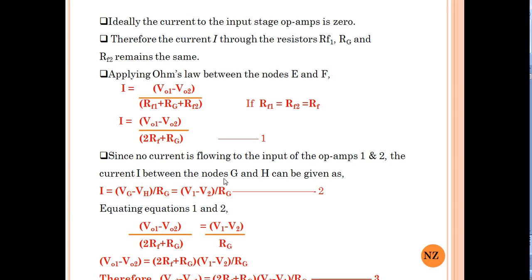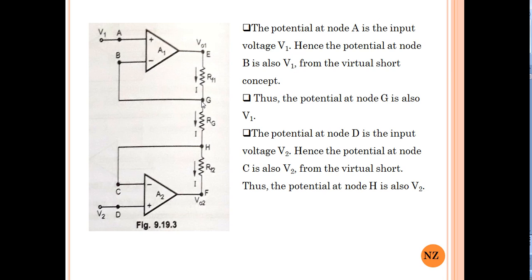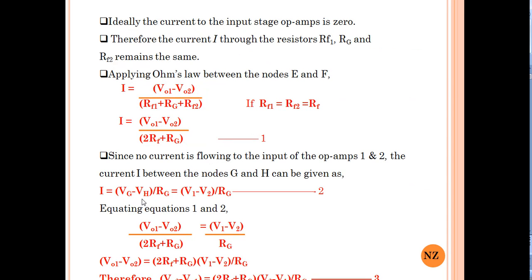Now since no current flows into the inputs of op-amps 1 and 2, the current between nodes G and H is also I. Let us see the current flowing across the resistance RG. We can write Vg minus Vh, the voltages at nodes G and H, divided by Rg.